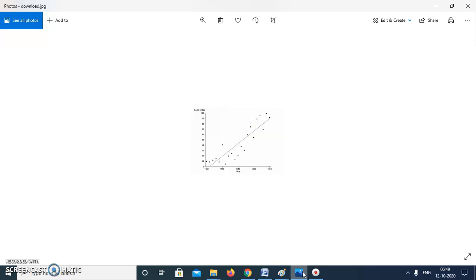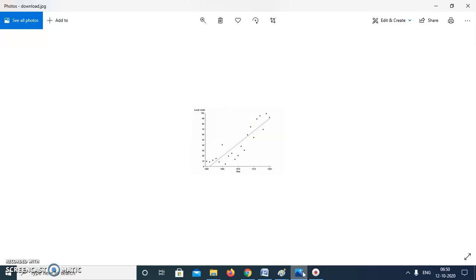The range of the value of correlation coefficient is from -1 to +1. If the value is near to -1, that means the value of y is decreasing with increase in value of x. And if the correlation coefficient is near +1, then it means the value of y is increasing with increase in value of x. Now in the present case, both of them are positively correlated.